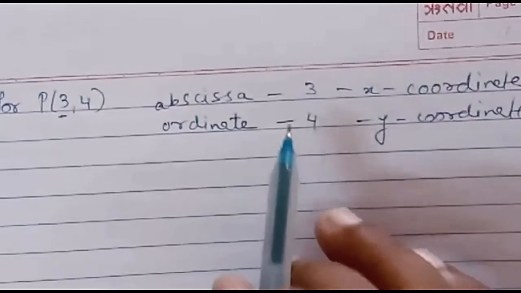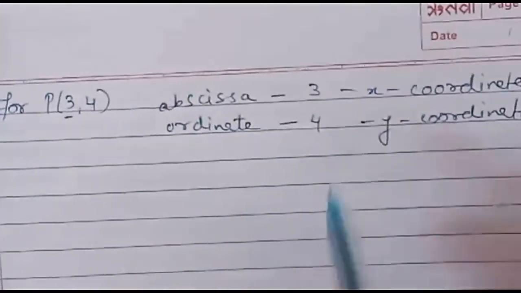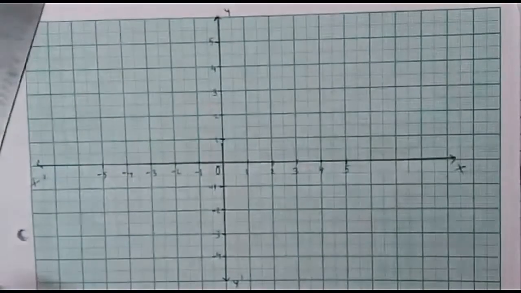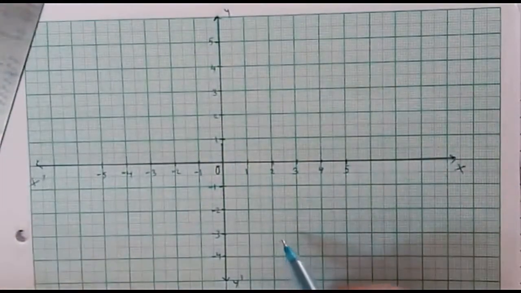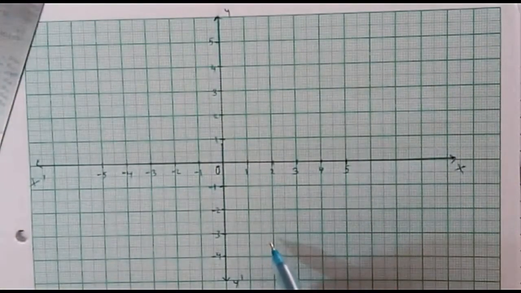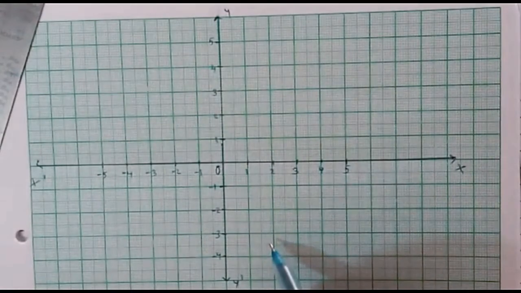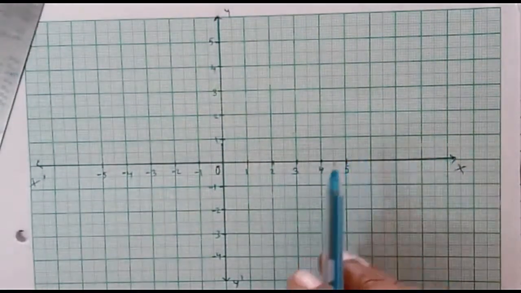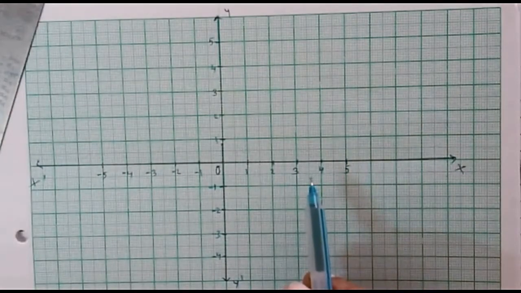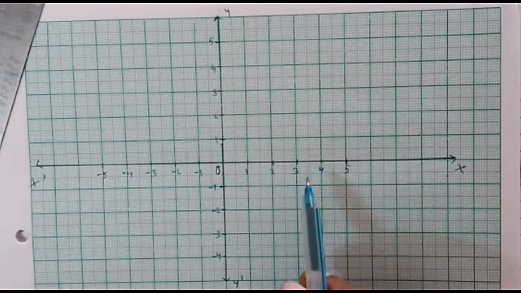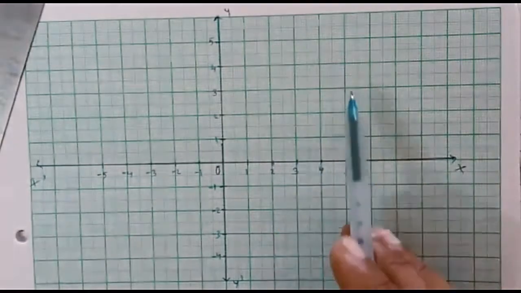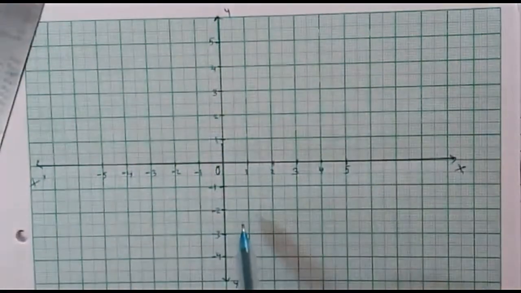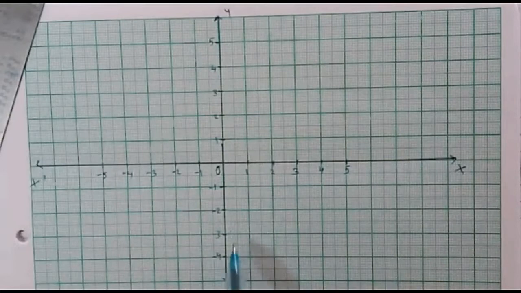Now let us learn how to place this kind of points in our coordinate plane. Let us understand the same concept more clearly using a graph paper. The system used for describing the position of any point in a plane with reference to two mutually perpendicular lines is called the Cartesian coordinate system.